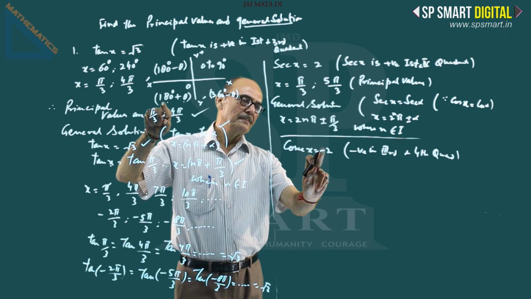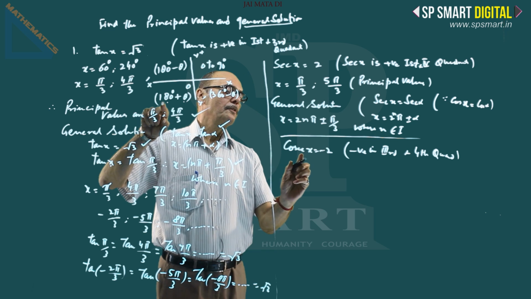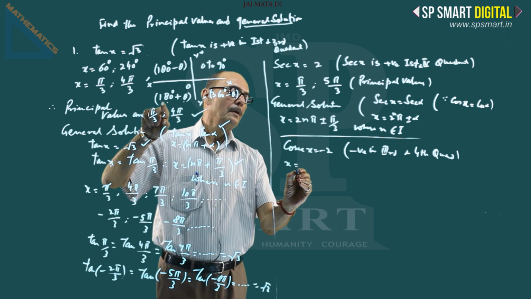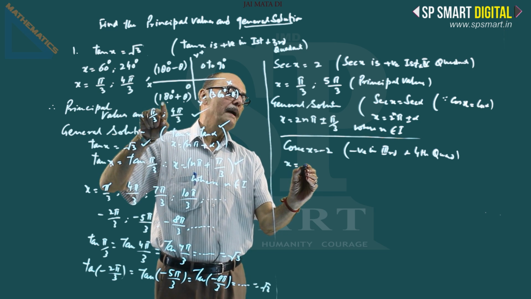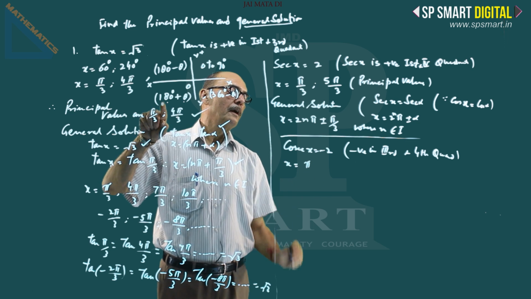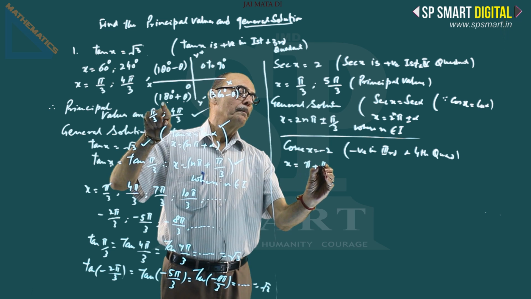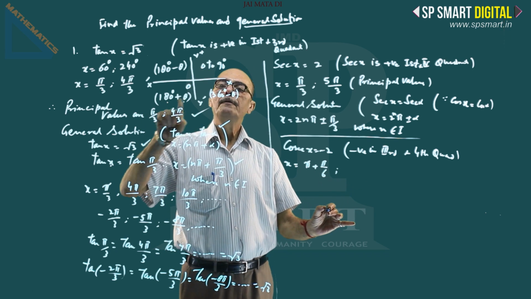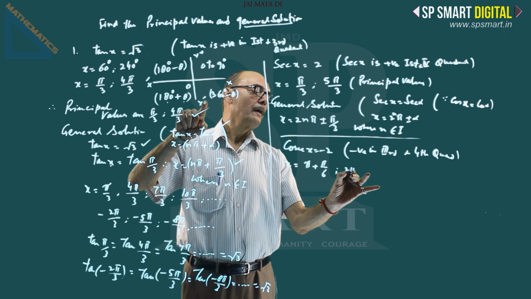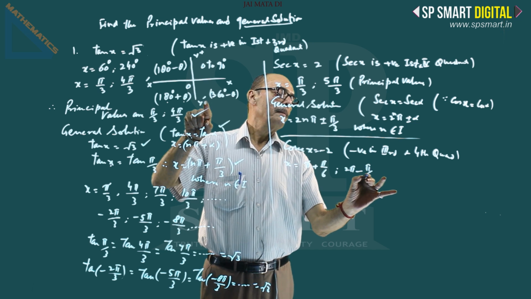If it were cosec x equal to 2, x would have been 30 degree or pi by 6. So, x equal to, in the third quadrant it is pi, 180 degree plus pi by 6, and in the fourth quadrant this is 2 pi minus theta, that is the value in the first quadrant, pi by 6.